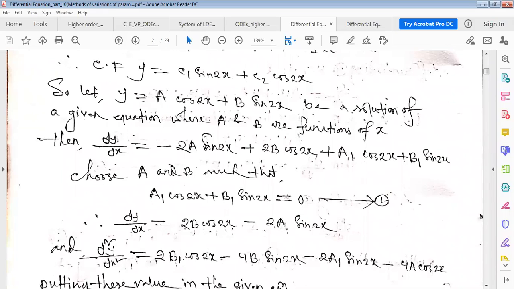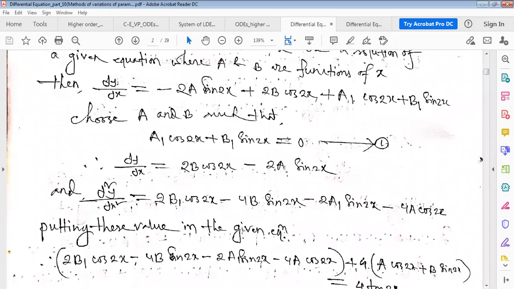Now choosing a and b such that a1 cos 2x plus b1 sin 2x will be 0. So dy/dx, after putting this equal to 0, is 2b cos 2x minus 2a sin 2x. This is the first differentiation.